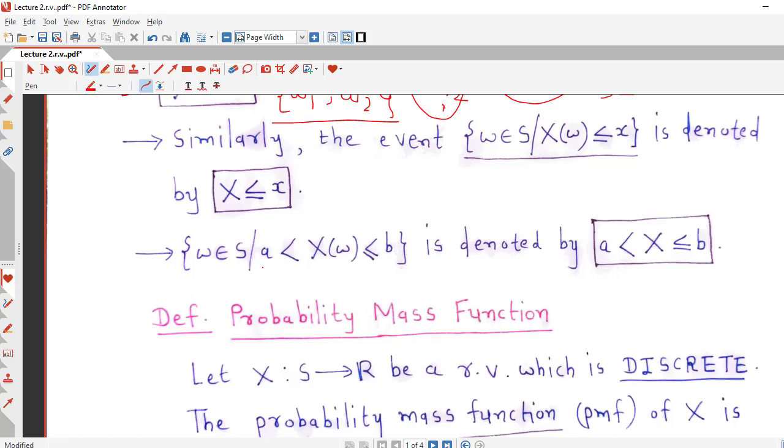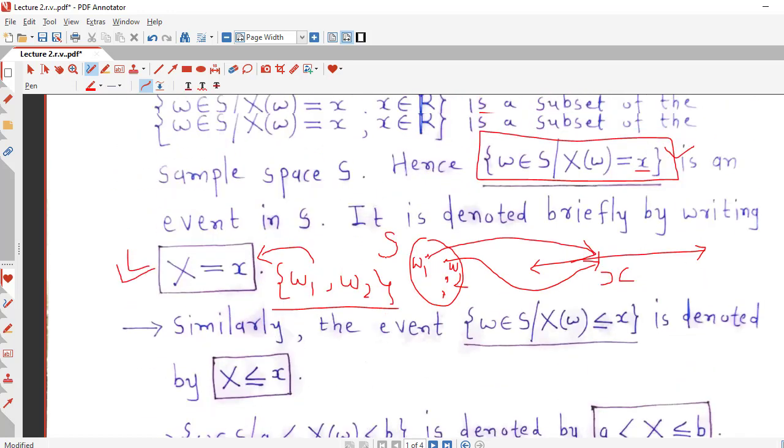Instead of writing in this way, we can write in this way also: X of omega, the image, lies in the open-close interval a to b. So both are similar. So keep in mind these notations.